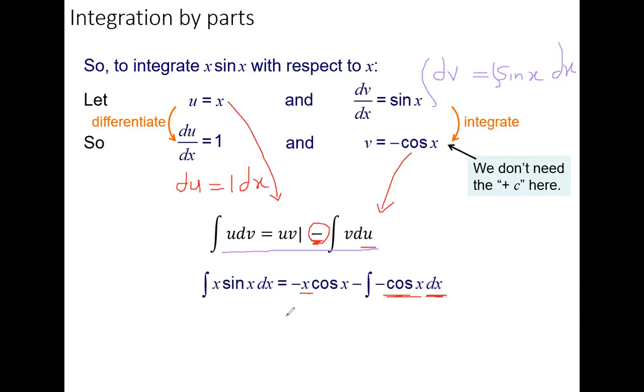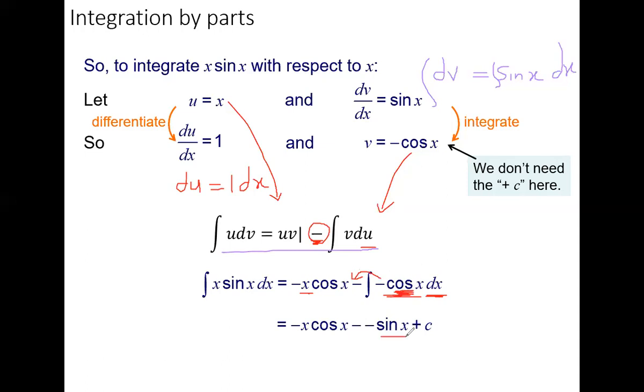Good. So once we've done that, this now becomes negative x cos x minus, when we integrate cos x, don't forget, it is negative cos x. So the minus can come out, so we have negative negative. When you integrate cos x, you get sine x.